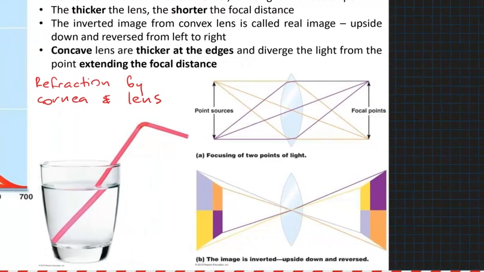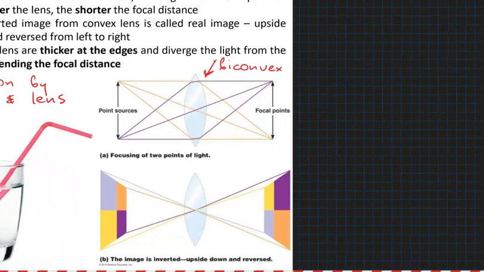Now, human lenses are biconvex. Okay? Now, what are other types of lens? So if we're talking about convex, it will be this.